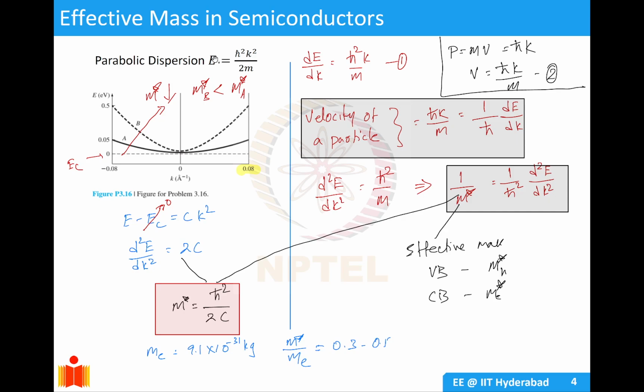So the dispersion is given by E equals h cross square k square by 2m. So your h cross square by 2m can be written as your curvature. So you get m star, the effective mass, as h cross square by 2c, where c is your curvature of the band.